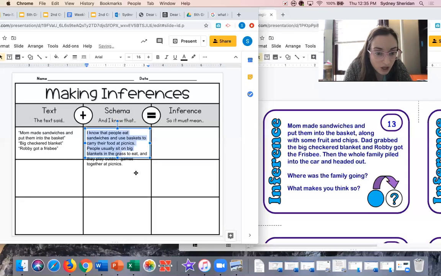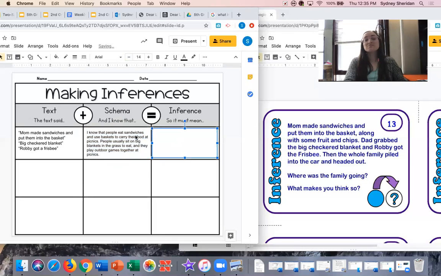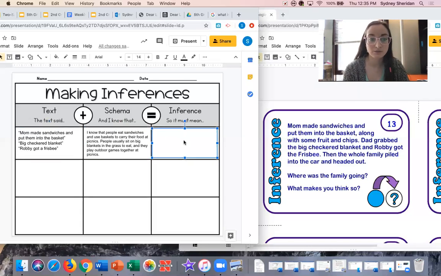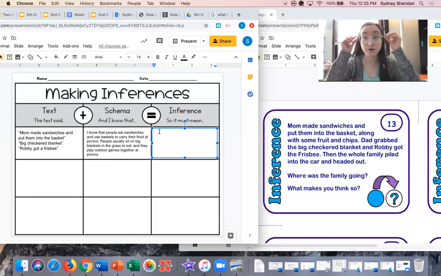I'll make it a little smaller so I can fit it. Okay. So now I wrote down some of the things that I already know about sandwiches and baskets and blankets and frisbees, and how those things that I know are going to help me figure out where the family's going. And I said that these are things you would need for a picnic. These are some of the things you would use at a picnic, and how you would use them.